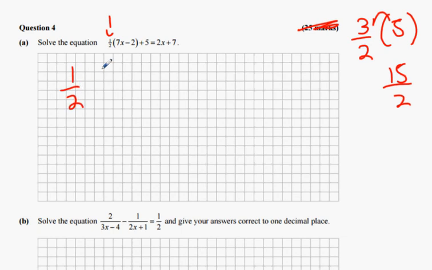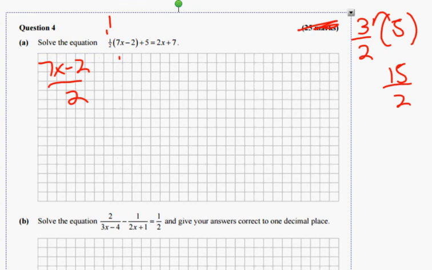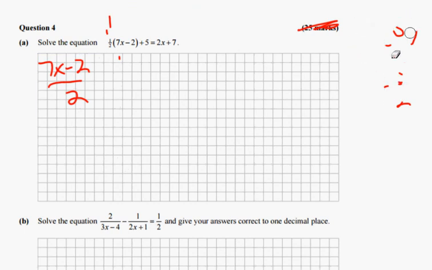As an example, you have a half by 7x minus 2. Remember what you did last time, you multiplied top by top. So it's 7x minus 2 all over 2. Now, what you told me earlier, Sean, about getting a common denominator, that only happens when you're adding and subtracting, and that's exactly what's about to happen.